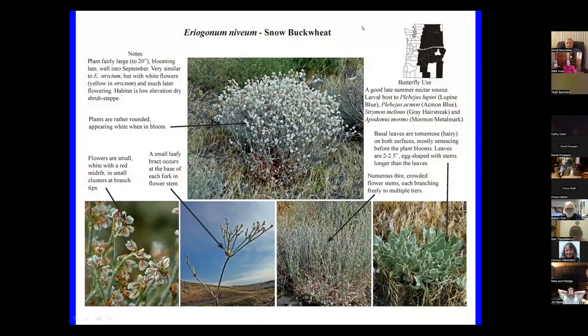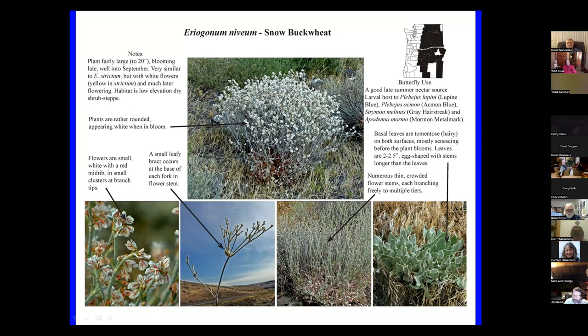Nivium is our next Eriogonum, our next buckwheat. This is snow buckwheat. This grows down in the low country, down along the Columbia River, basaltic area, and they're very similar to Eriogonum strictum. They're very similar in structure, very difficult to tell the two apart, except by the blooms.